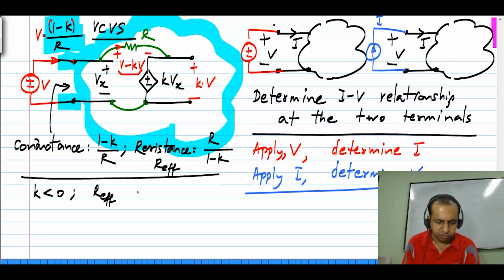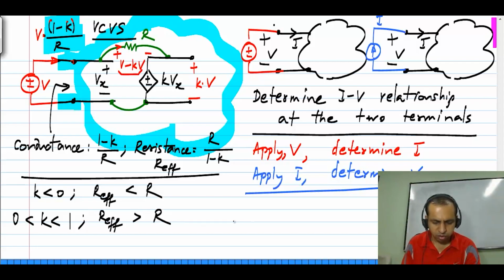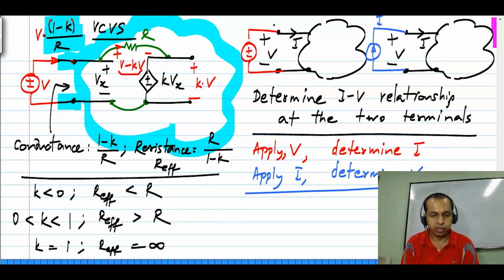R effective will be smaller than R, and if K is between 0 and 1, R effective will be more than R, and if K is exactly equal to 1, R effective will be infinity. That means that it looks like an open circuit.